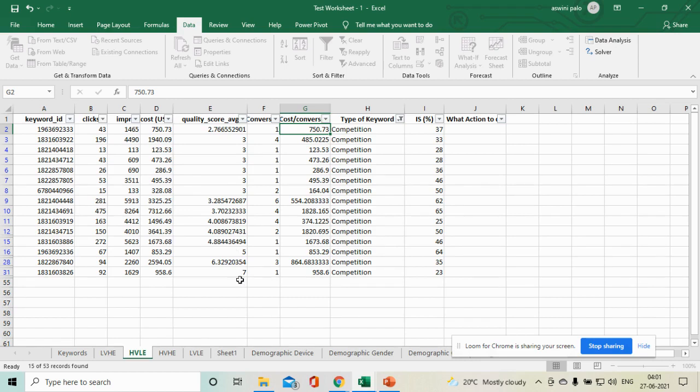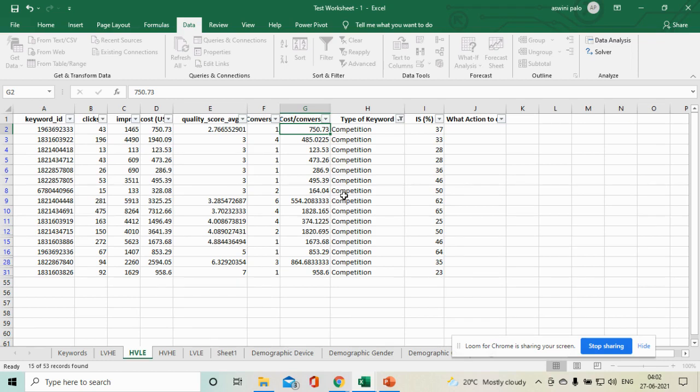But it's a generic observation, guys. So the quality score for competition generally lies below 3. If it is more than 3, it means you are astonishingly doing well. Otherwise, what is happening?